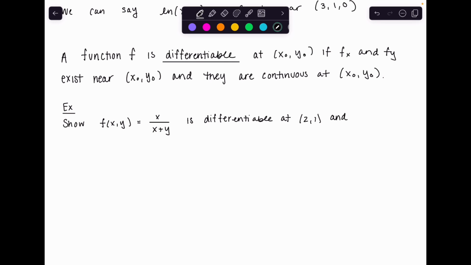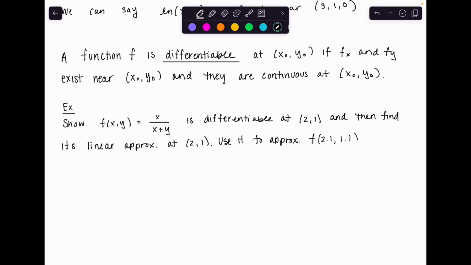And then we're going to find its linear approximation at (2, 1). Once we find that, we're going to use it to approximate the function at (2.1, 1.1), because this point is nearby to (2, 1), okay?